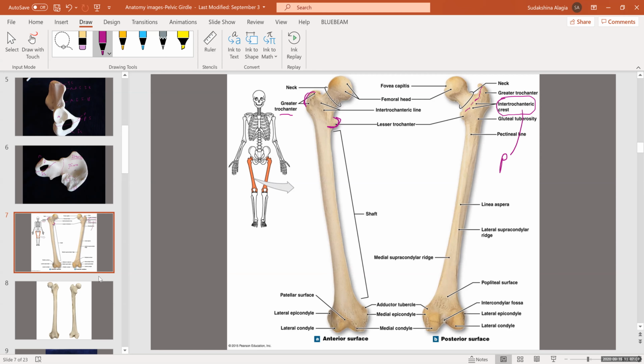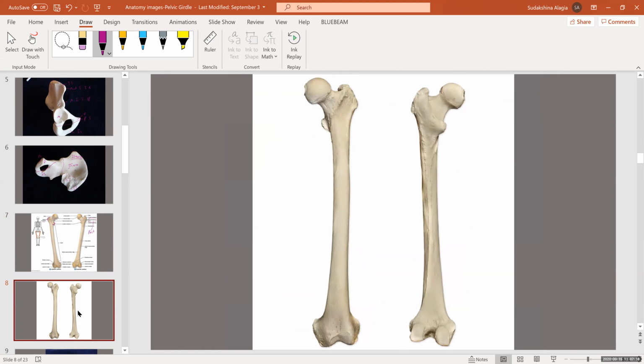The intertrochanteric crest is only visible on the posterior surface when you are looking at the posterior aspect of the bone. So when we transfer this, you can clearly see there is a crest here. There is no crest here.